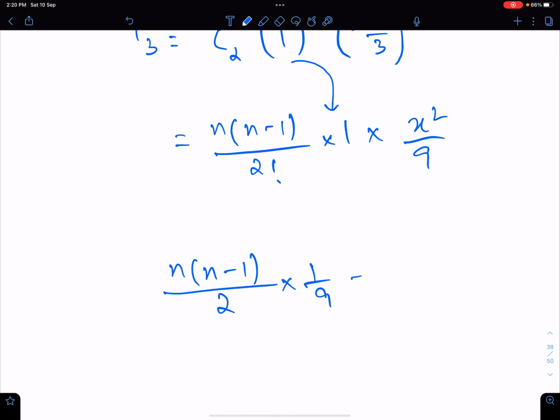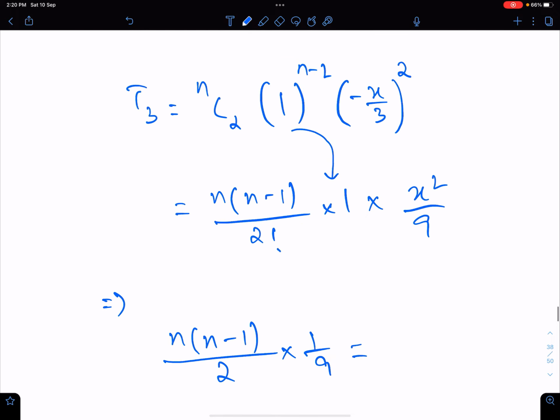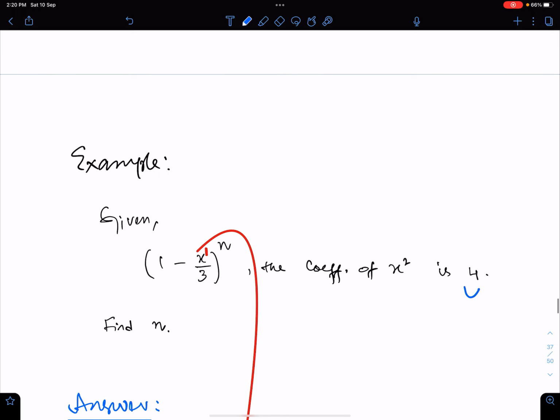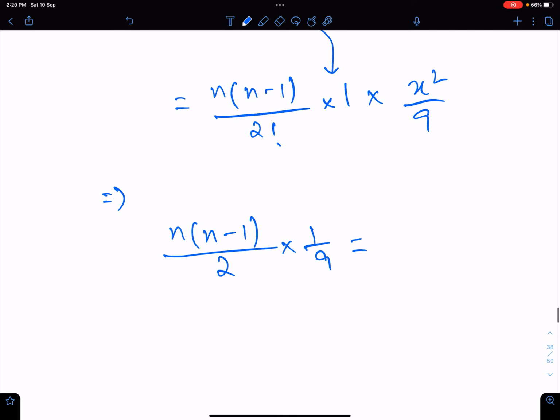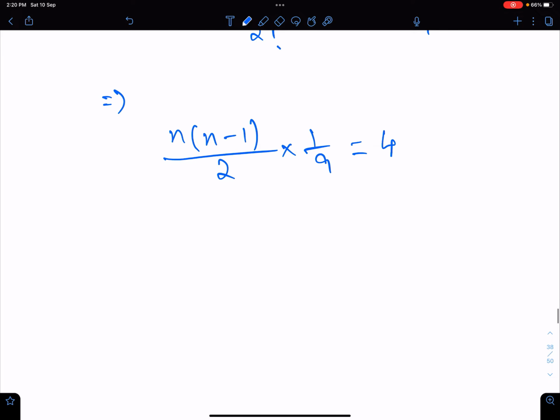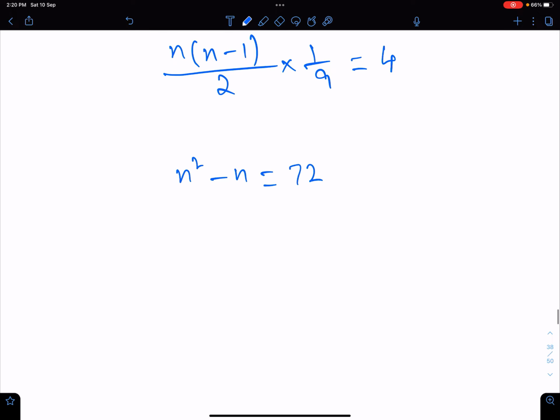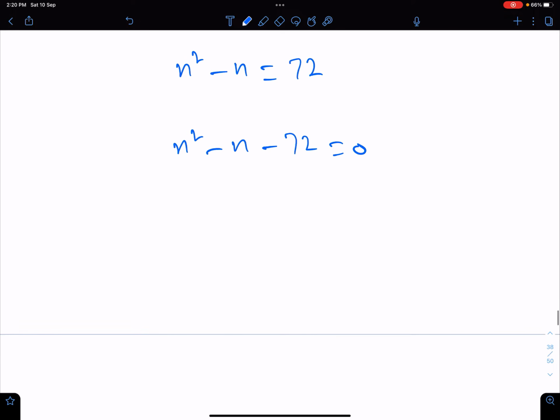Now equate this coefficient with the given information, which is 4. So n square minus n, and I think 18 times 4 is 72. So n square minus n minus 72 is equal to 0. So by breaking the middle term, we have this equation.